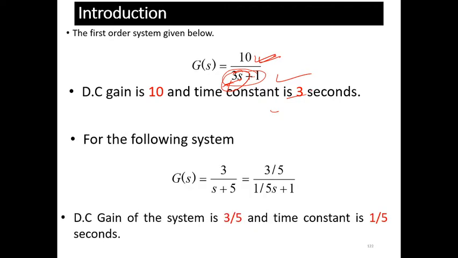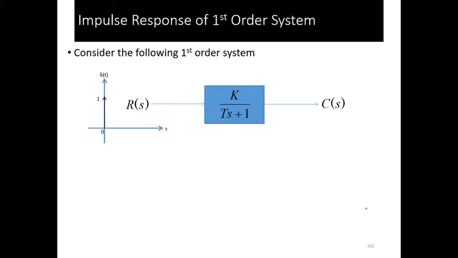You can calculate the same way for the following system, 3/(s+5): take 5 common. K/(τs+1) is the standard equation, and with its help you can find out the DC gain and the time constant.